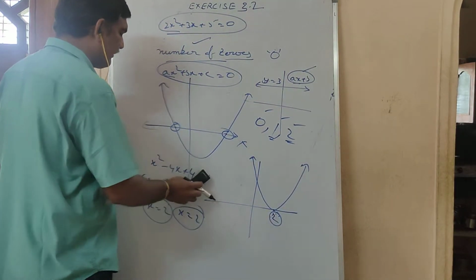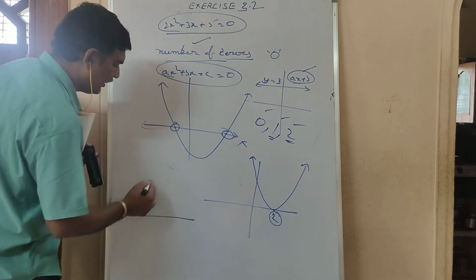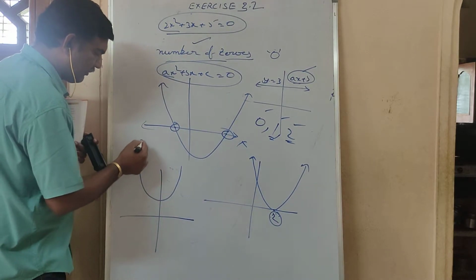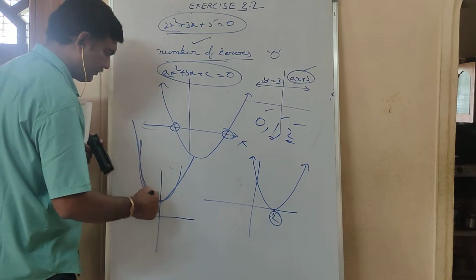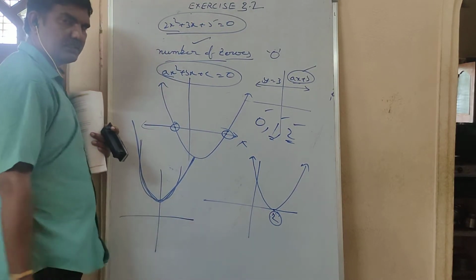Some quadratic equations will have no zeros. No zeros means if you draw a quadratic equation, it will come like this. It never intersects the x-axis.